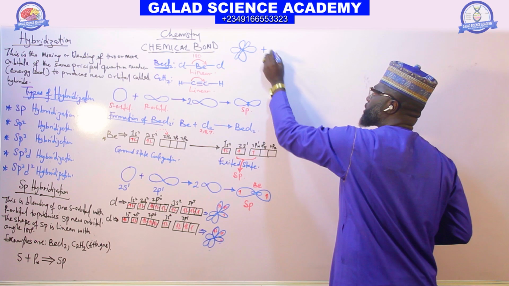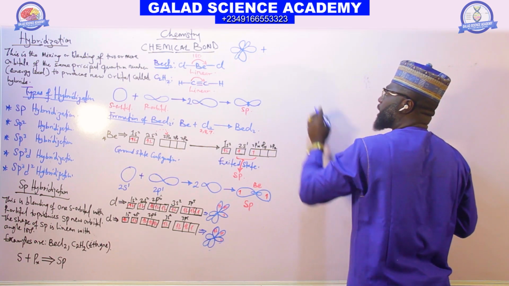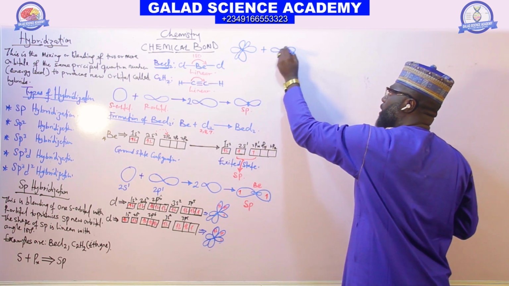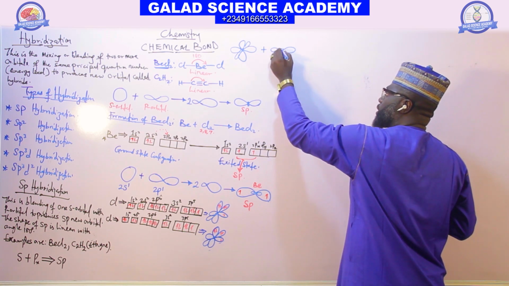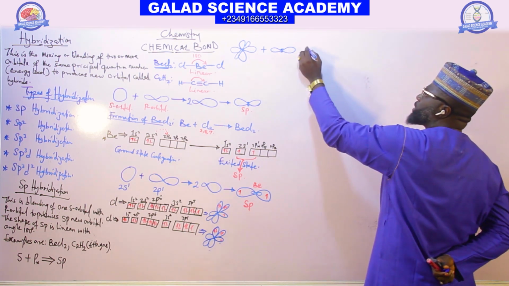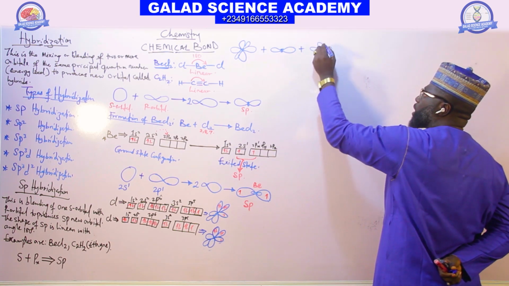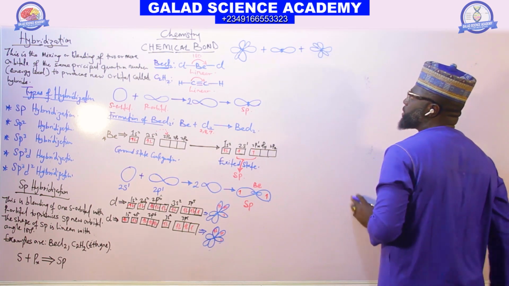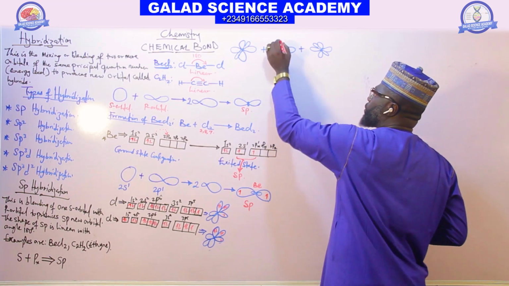So plus the second sp, plus another sp, and we have plus another one. You know what is happening here?